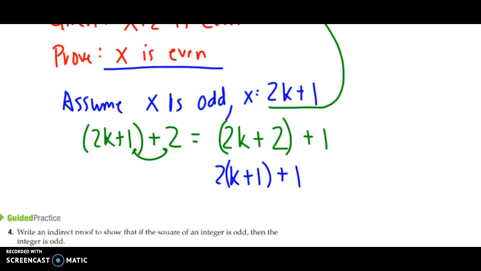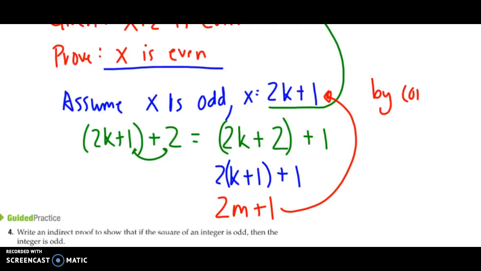So if you let k plus 1 right there be a different integer m, 2 times m plus 1 looks very similar to this right here, which we said is odd. So by contradiction, if x is odd, I get an odd number out. So if x is even, x plus 2 is going to have to be an even number as well. So by contradiction, x is even. You can box that so you know you're done.